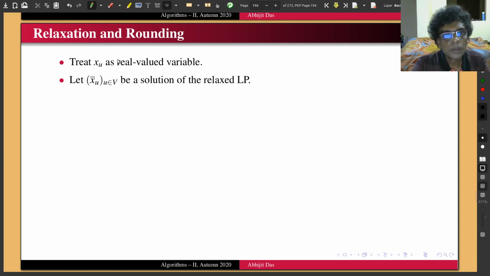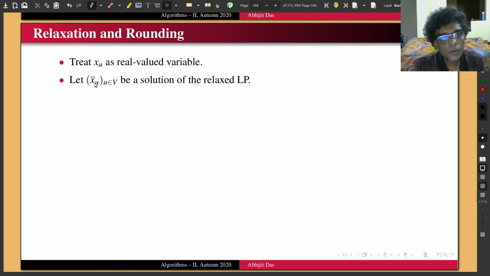Then you get an instance of LP, real valued LP. Solve it. And let us say these xu bar, u in V, is a solution. These are now no longer 0, 1 valued.